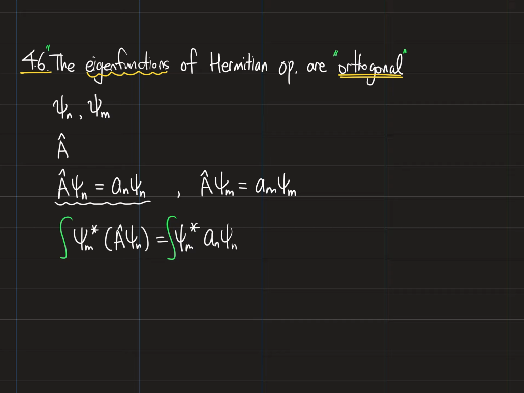We cannot really do anything for the left-hand side because there is an operator and we cannot change the direction or the position of the operator arbitrarily. But for the right-hand side, an is simply a constant number, so we can take this out of the integral sign.